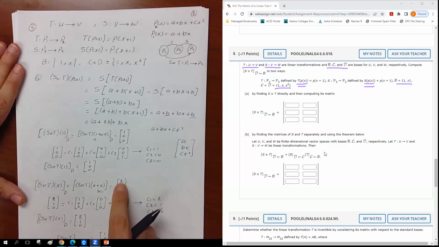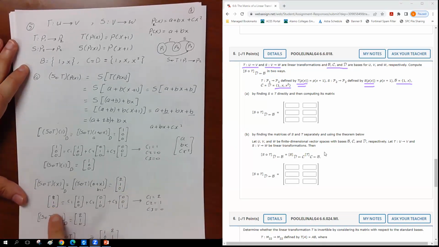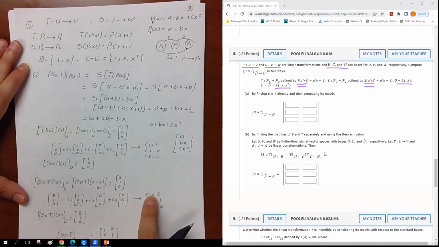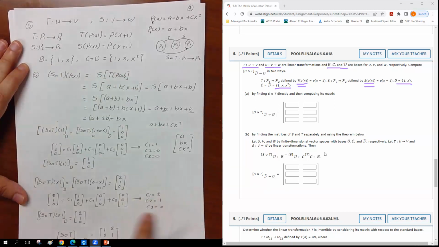Write down this vector 2, 1, 0 as a linear combination from the base D. We got C1, C2, C3 is going to be 2, 1, 0, because we have exactly the same base, so it's not going to do any change here.